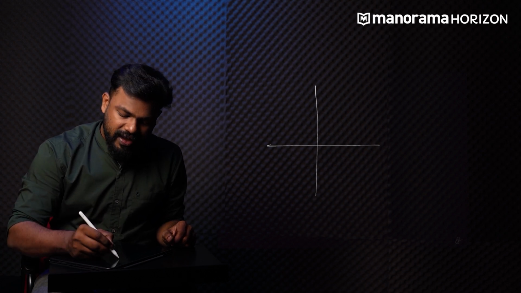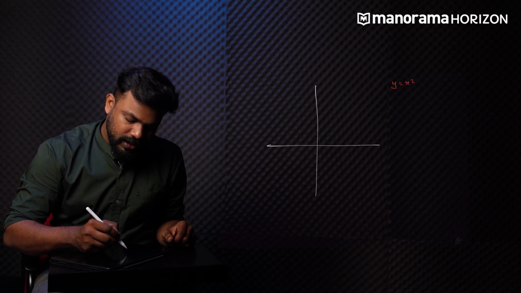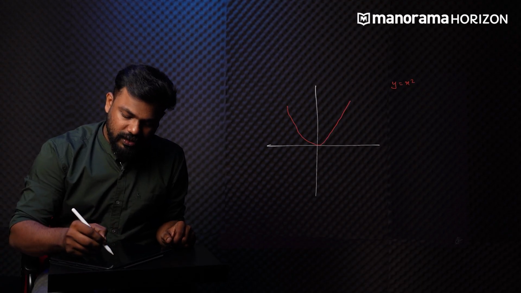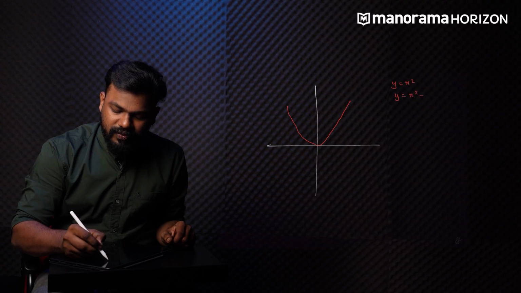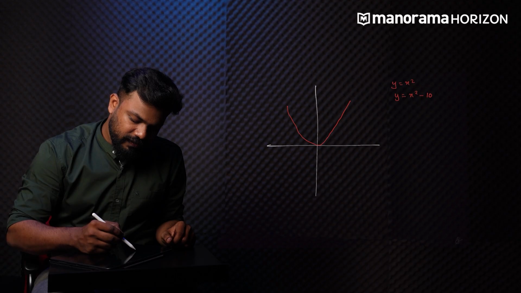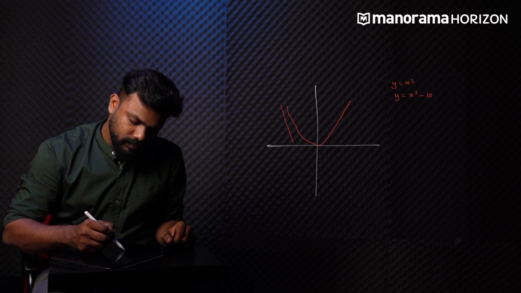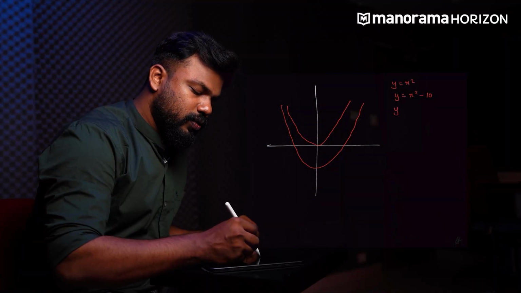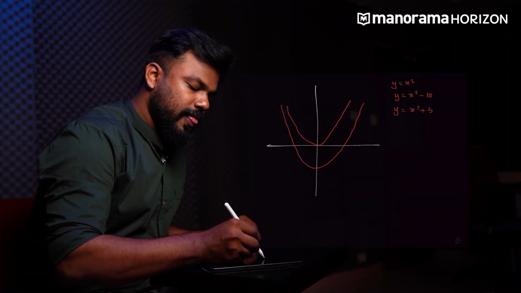x square. Suppose I have y is equal to x square. So I draw this y is equal to x square like this. Now there is another graph, y is equal to x square minus 10. That graph might look like this. There is another one, y is equal to x square plus 5.